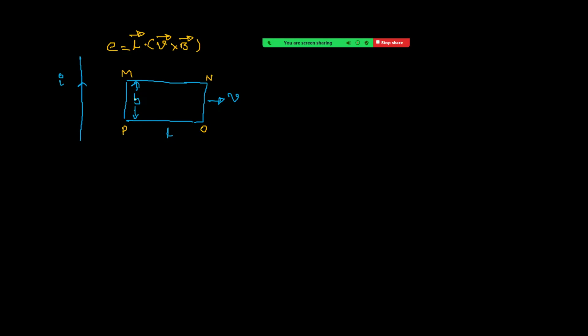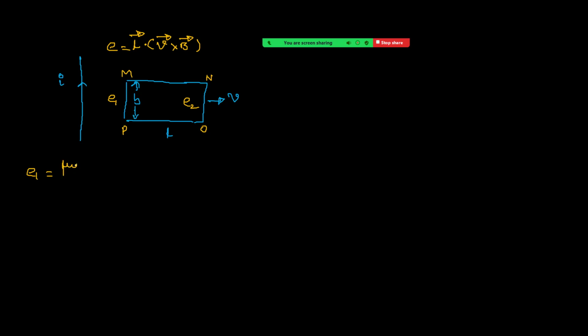If I am focusing at MP in this wire, let me take the EMF as E1 here, and in this one, take it as E2. Then E1 equals BLV, because the magnetic field is into the board, the length is like this, and the velocity is normal to that. So all these three vectors are mutually perpendicular, and I can write directly the modulus value BLV.